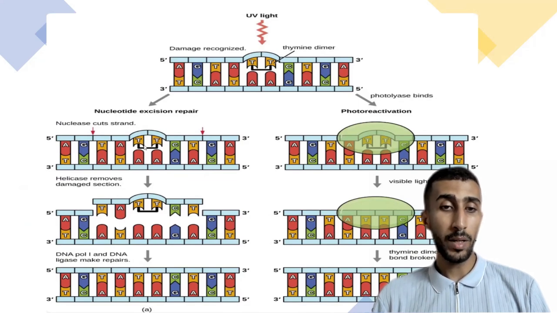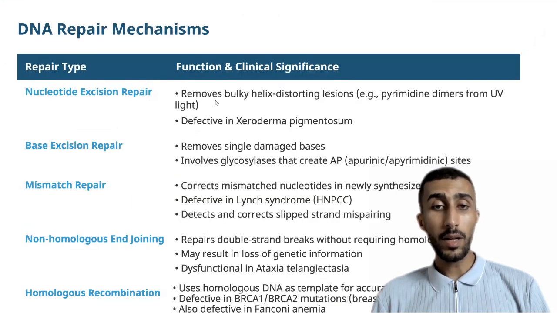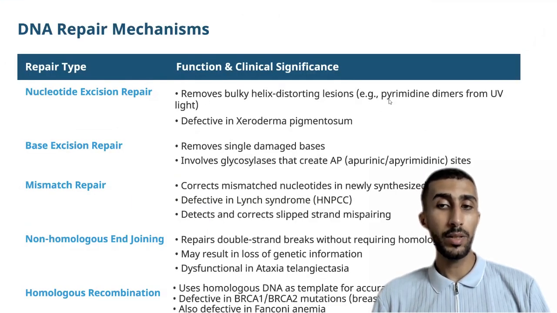So we have these pyrimidine dimers, and the nuclease cuts some base pairs far away, the helicase removes the damaged section, and DNA polymerase 1 and DNA ligase make the complementary strand and ligate it.